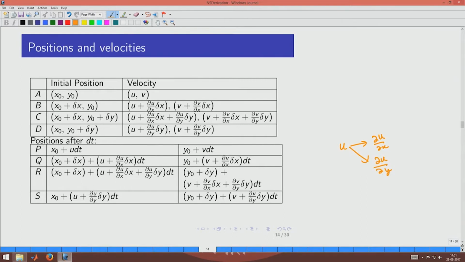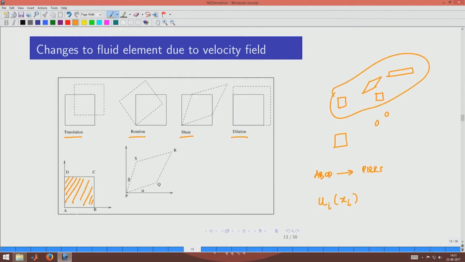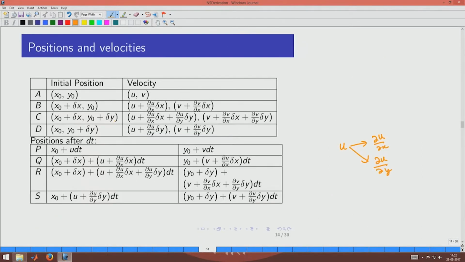At ABCD, the locations are specified as x naught, y naught, x naught plus delta x, y naught, and so on. Which means that the width is delta x here and delta y here, and A is basically x naught, y naught, and B is nothing but x naught plus delta x comma y naught, D is x naught comma y naught plus delta y, and C is x naught plus delta x comma y naught plus delta y. So, that is exactly what we have written.